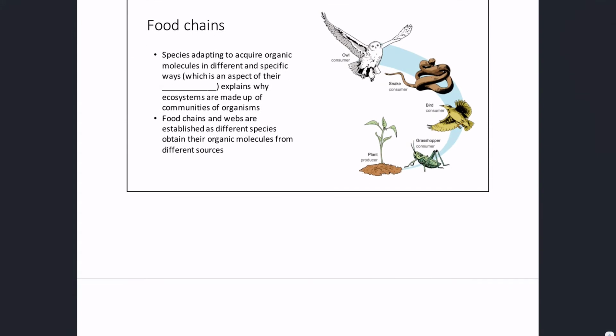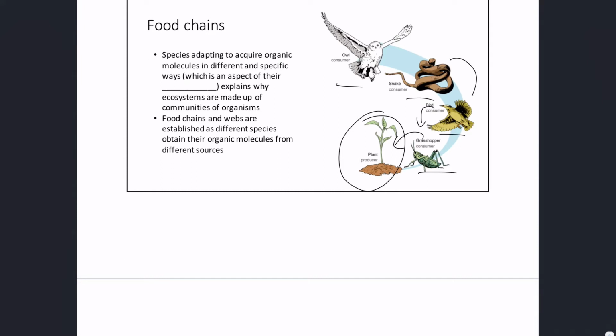So the next stage in the idea is, well, okay, we've got our producer right here. Why are there different forms of these consumers? Well, the simple idea is that different species have adapted different ways to obtain their complex organic molecules. The grasshopper is adapted to eat the plant. The bird is adapted to eat the grasshopper.